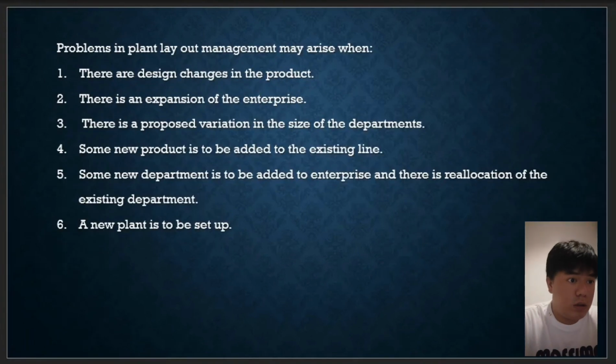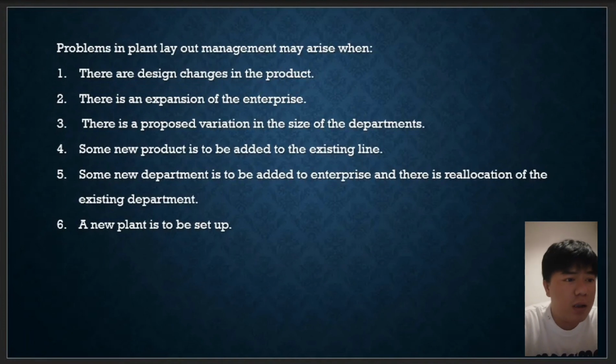So the next is problems in a plant layout. Management problems may arise when: number 1, there is a design change in the product. Number 2, there is an expansion of the enterprise. Number 3, there is a proposed variation in the size of a department.